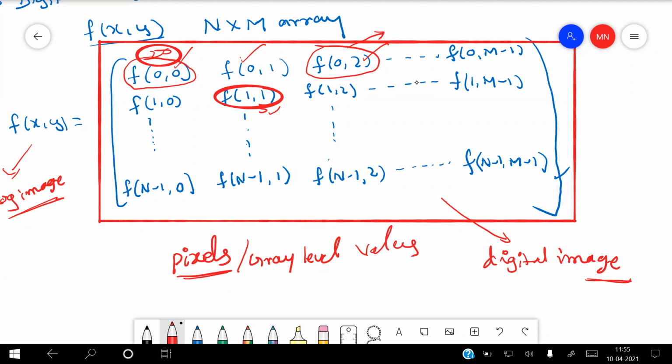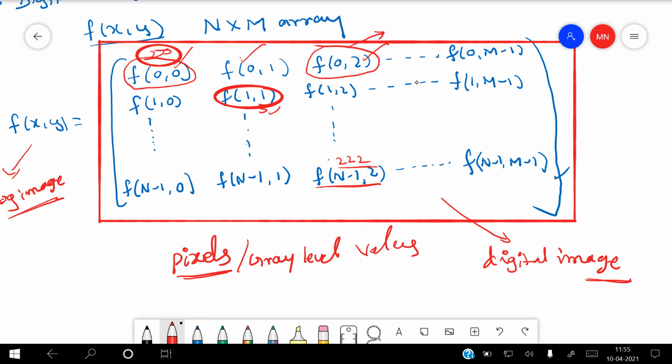After getting the digitized value, it is 5. Suppose here it is 222, this value. Okay, discretized, this value is 222. So what does 222 indicate? This is a pixel value.